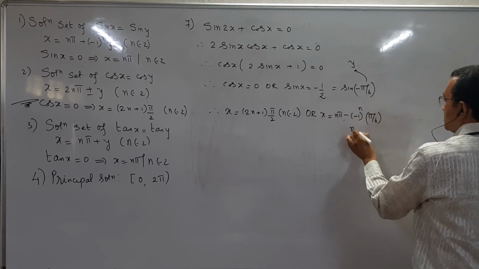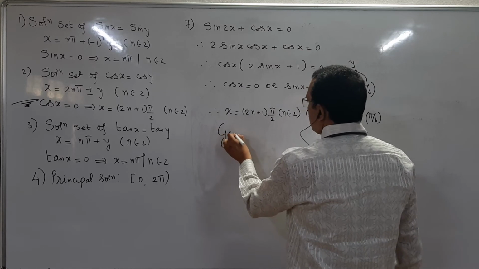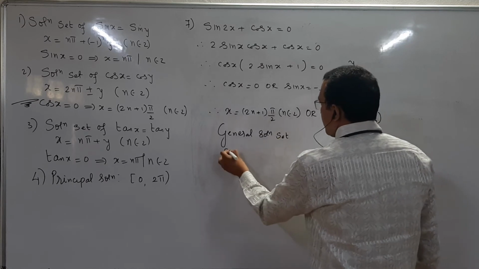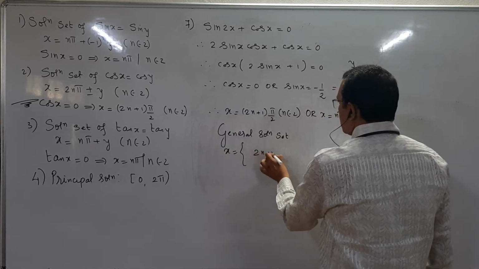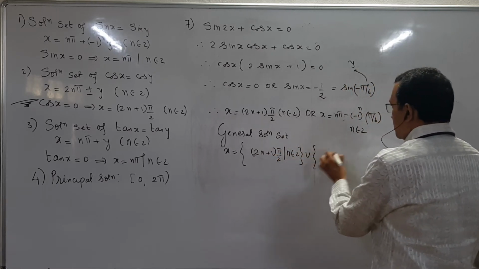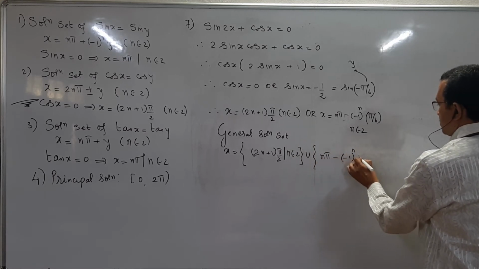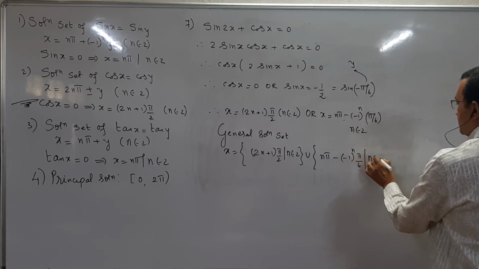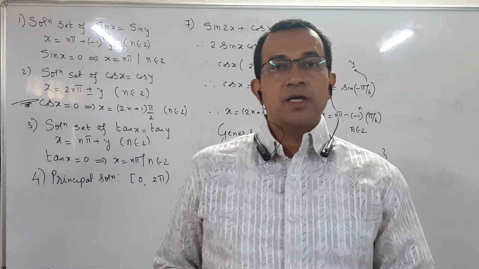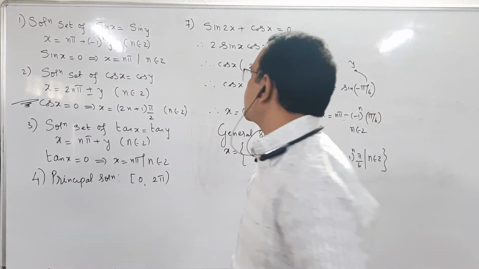So the final general solution set will be x is equal to, take union, (2n plus 1)π by 2, where n belongs to Z, union nπ plus (minus 1) raised to n times (minus π by 6), where n belongs to Z, students. This is your final solution set. Okay, let us do sum number 8.